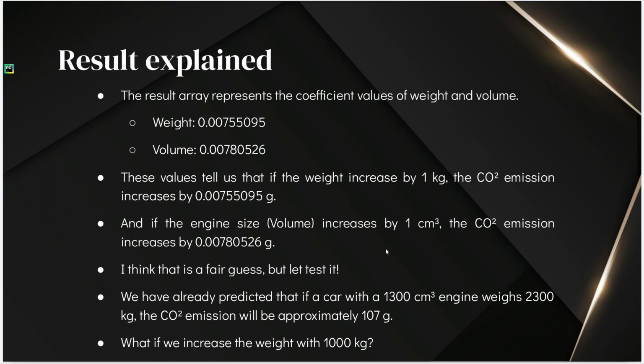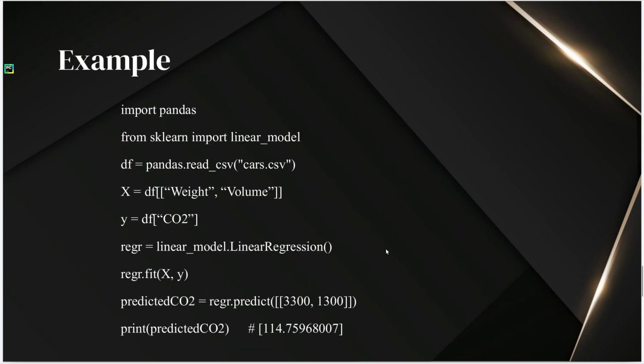This seems like a fair guess, but let us test it. We already saw in our previous example that a car with a 1300 cubic centimeter engine weighing 2300 kilograms will emit approximately 107 grams of CO2. But what if we increase the weight by another ton, so 3300 kilograms?